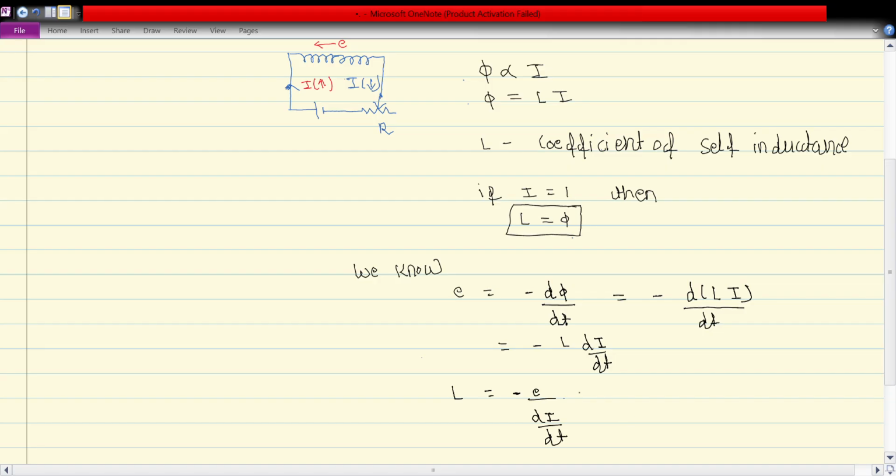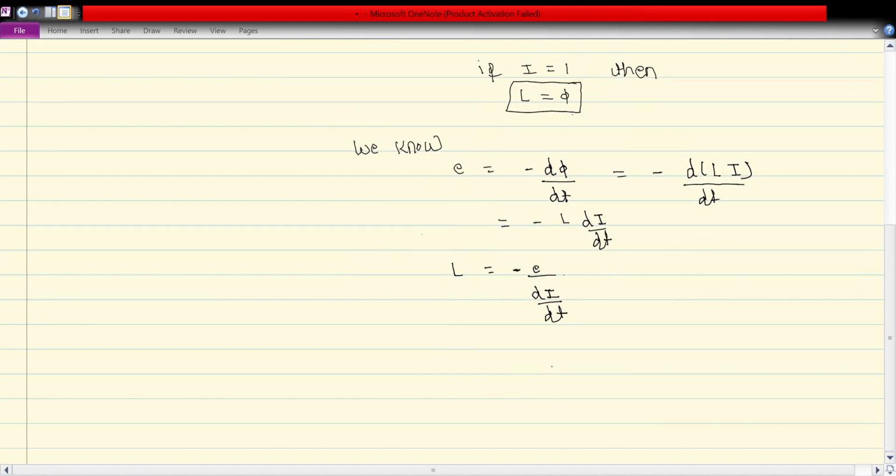Now we can calculate the unit of self-inductance from here. The negative sign represents only direction. So L is equal to 1 volt EMF for a current change of 1 ampere per second.